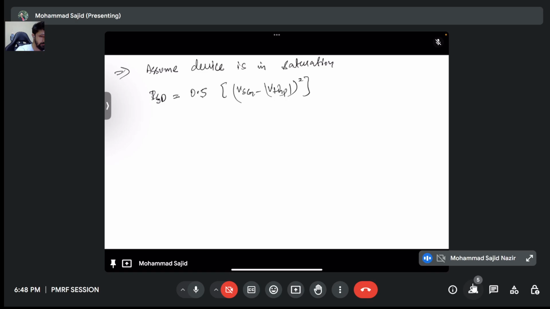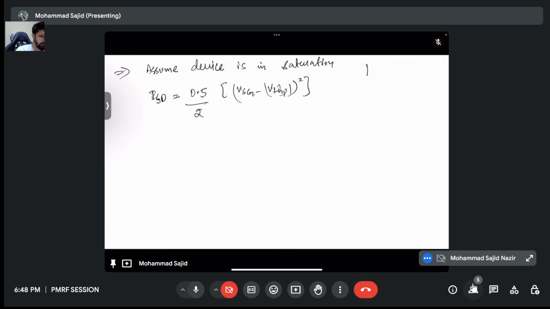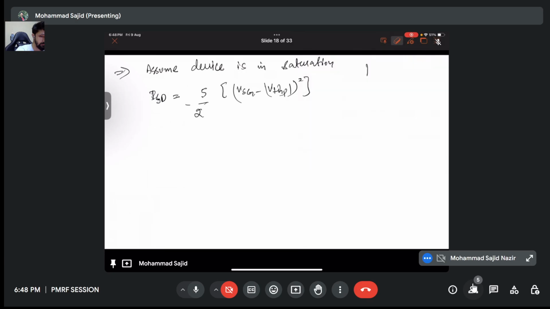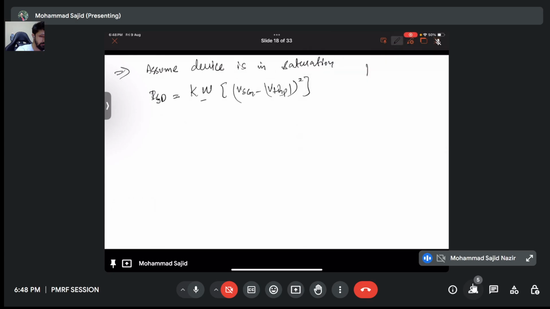Where did I get this 0.5 from? This is given in the question, KW by L. So let me just first write it with this KW by L. One second. KW by L, well, K stands for mu P C ox.